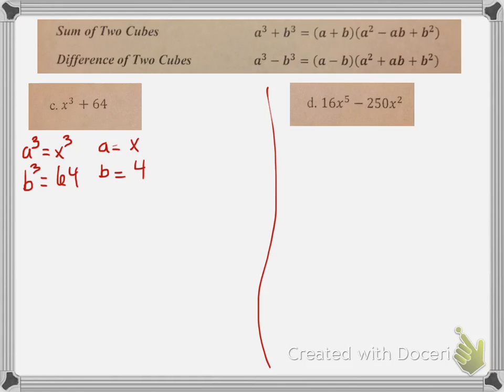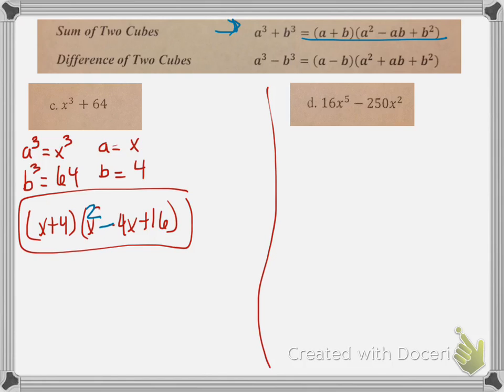So it's an addition one, so we're going to use the top one, which says a plus b, which means x plus 4, parentheses, a squared, which is x squared, and then minus, so make sure that's a minus, apologize, a times b, which is 4x, and then b squared, which is 16. Now that right there would be your answer.